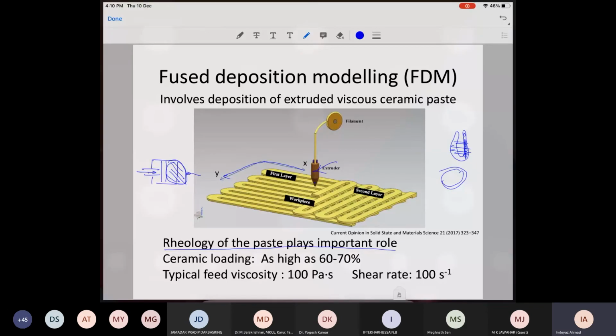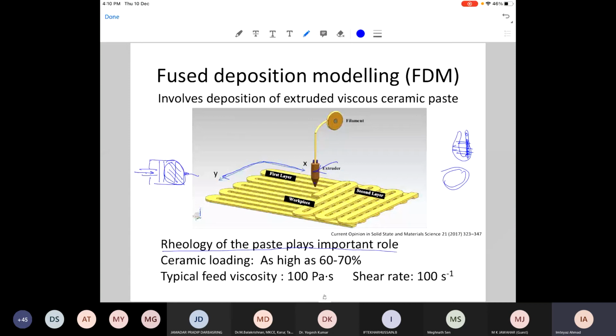So the typical feed viscosity that we need in the powder or the slurry feed is about 100 Pascal seconds, and generally a shear rate of 100 per second is good enough. Generally, people add different types of binders. Dextrin is one of them that can be used, or acrylate kind of binders, which are also used for extrusion.